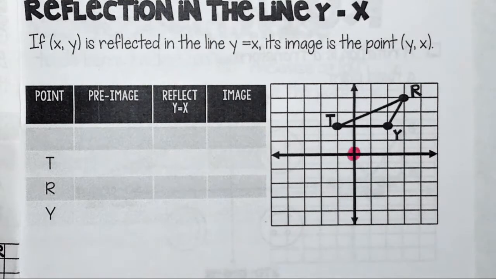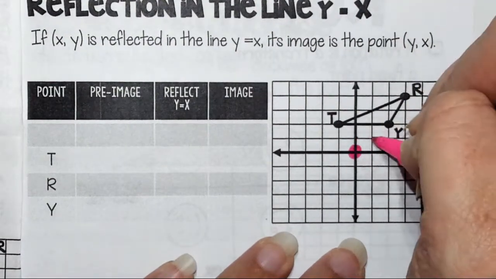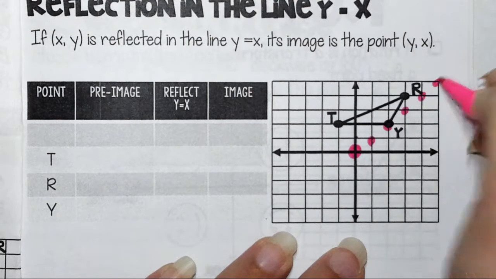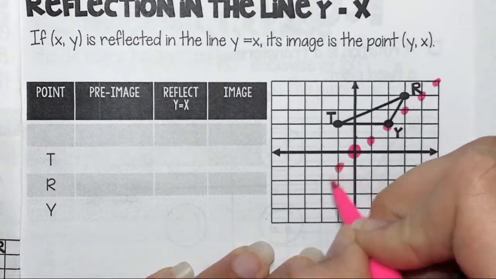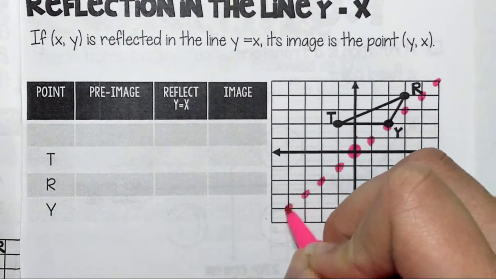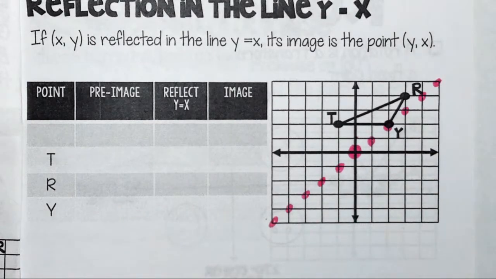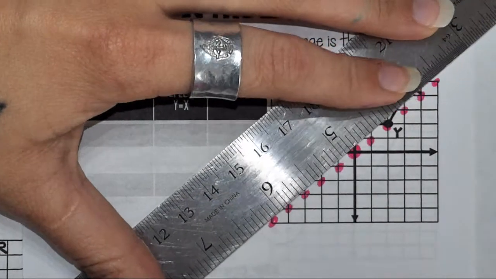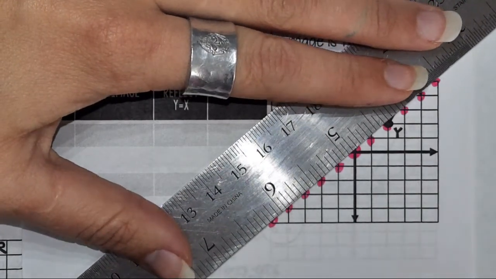What number's in front of x, y'all? 1. So it's a positive. So you go up 1, right 1, up 1, right 1, up 1, right 1, up 1, right 1, up 1. Yes, we should all know that. All right, so draw this line.